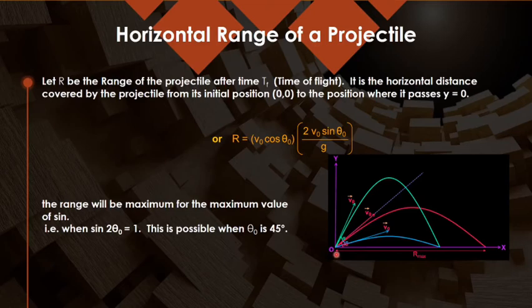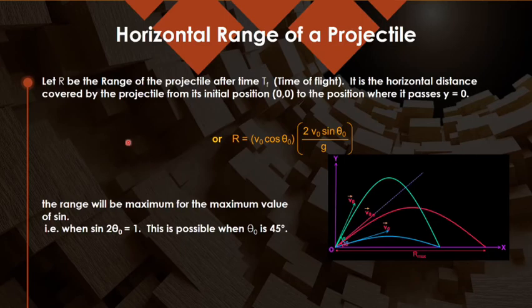Horizontal range, as I have defined earlier, is the distance traveled by the projectile along the horizontal direction. And of course, you can see that the maximum height also changes with the change in angle of projection. When this is with green color, this is the maximum. At this position, the body is at the maximum height. If you are throwing with this angle, then this is the maximum height. So for the maximum height also, different values can be calculated.